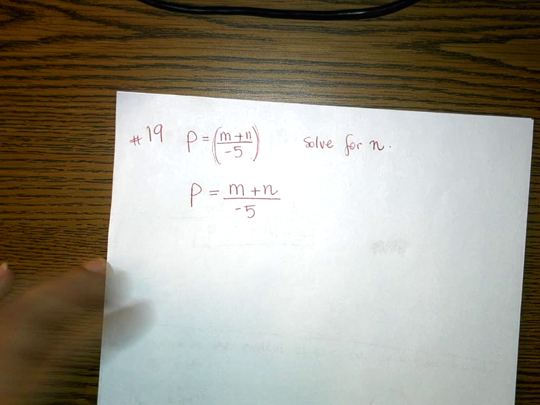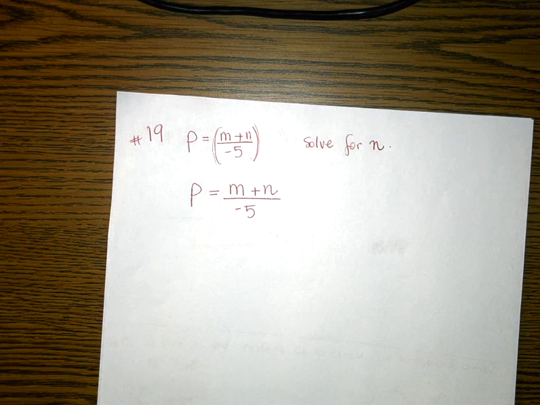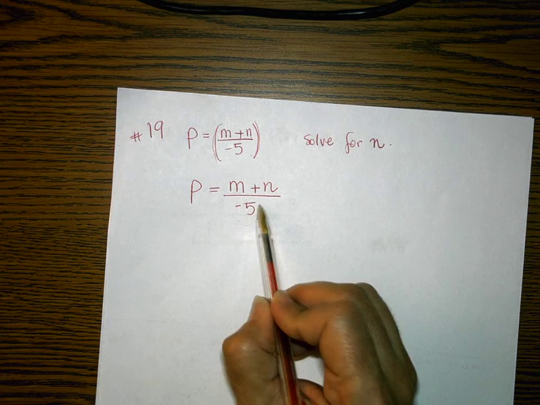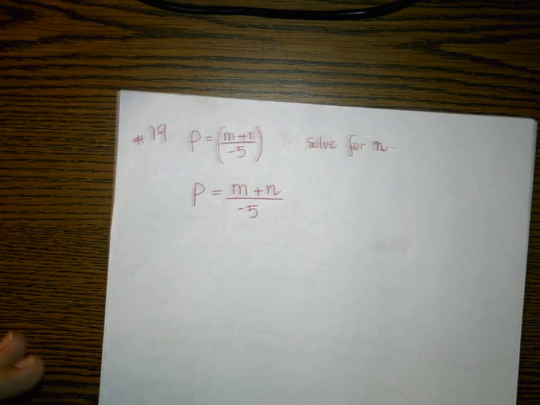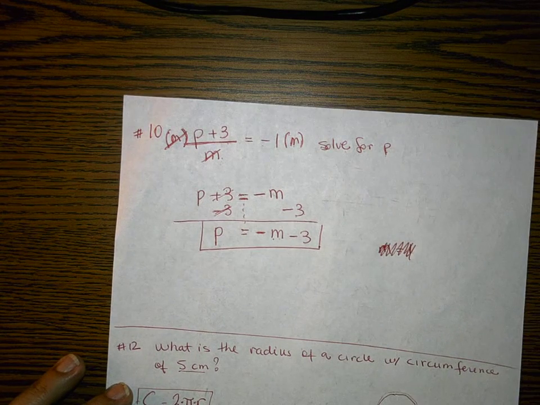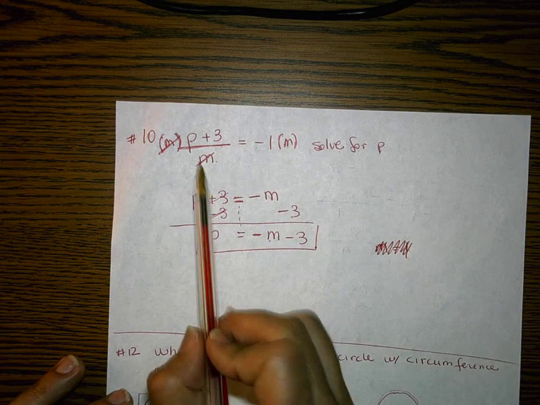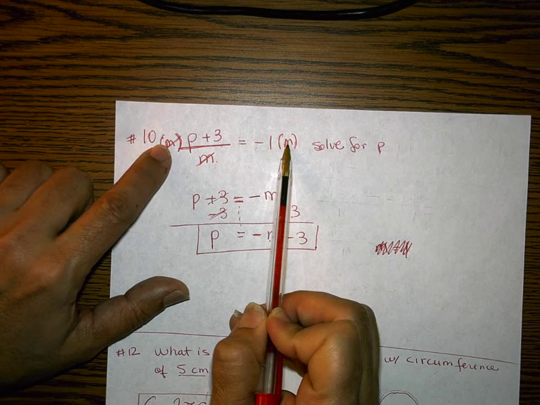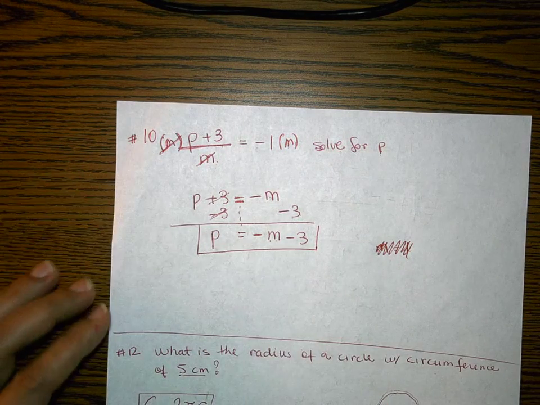If you notice my previous example, how did I get rid of a denominator? Let's go back, if you wrote it down, to problem number 10. How did I get rid of this m? I multiplied both sides by the m itself. So let's go back to problem number 19.